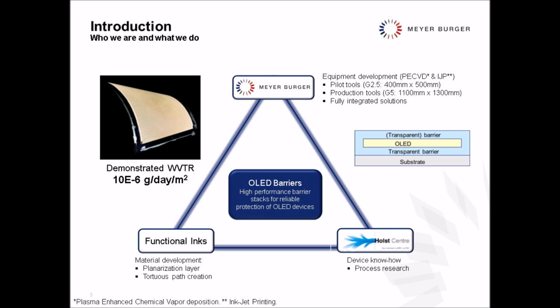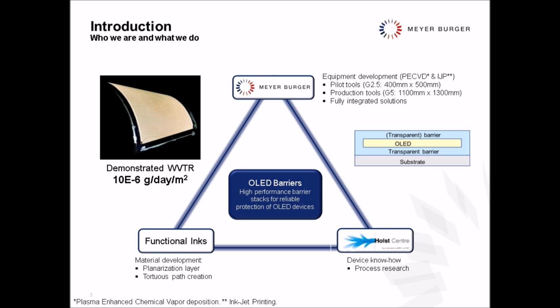We have been working within a triangle collaboration. We collaborate with a host center for what concerns the device know-how and the process research, and with a functional inks supplier for aspects like planarization and tortuous path creation.